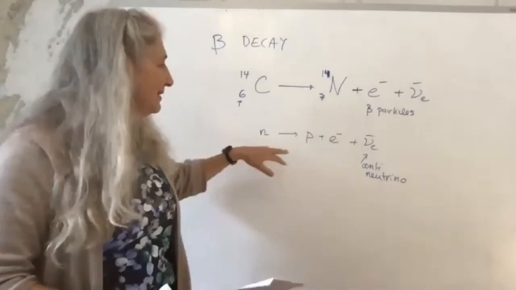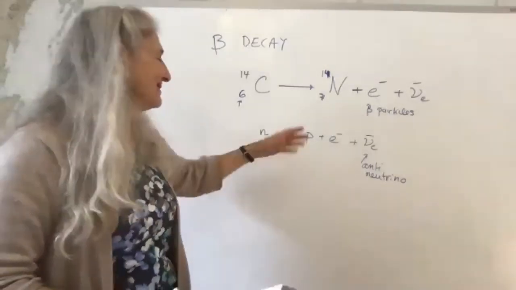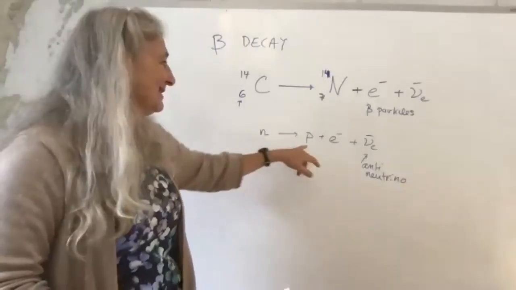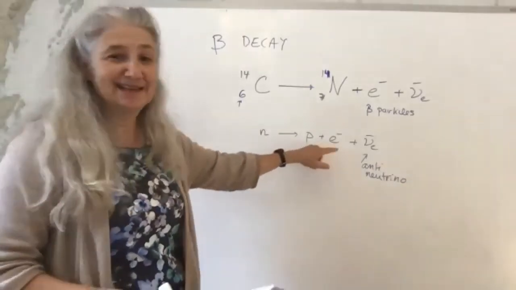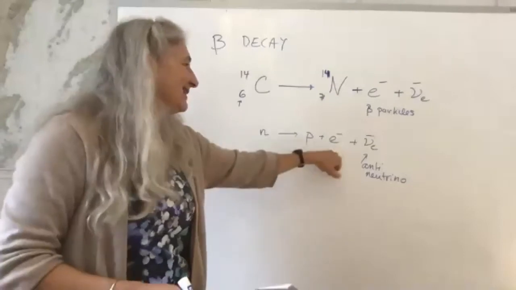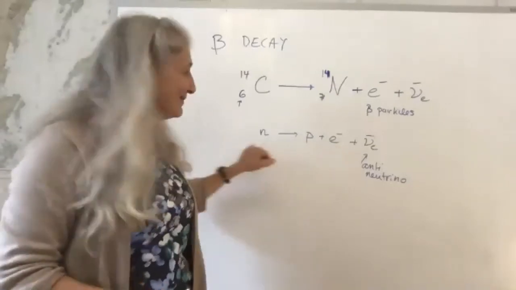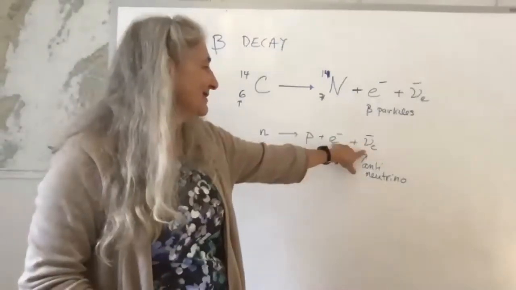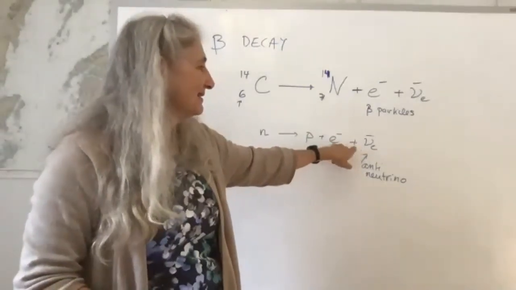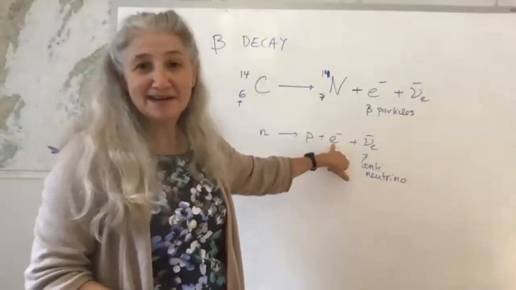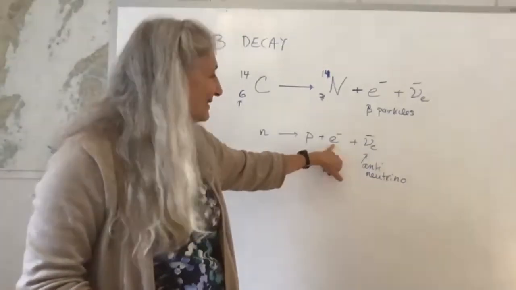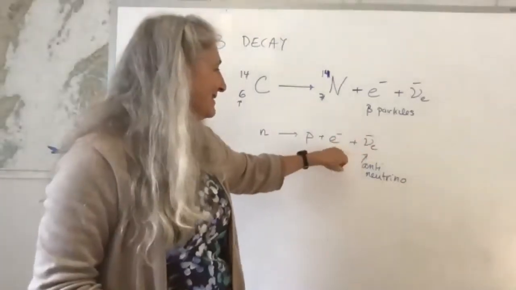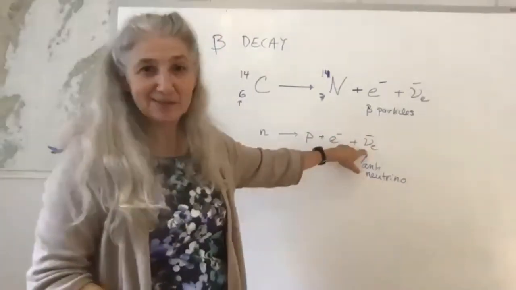There are certain things in these particle reactions that are conserved. This is neutral, this is positive, and that's negative, so they cancel out. You can check that charge is conserved in the reaction. This involves an electron, so it's a lepton, and lepton number is also conserved. This is an anti-lepton because it's an anti-neutrino, so +1 and -1 cancel out.